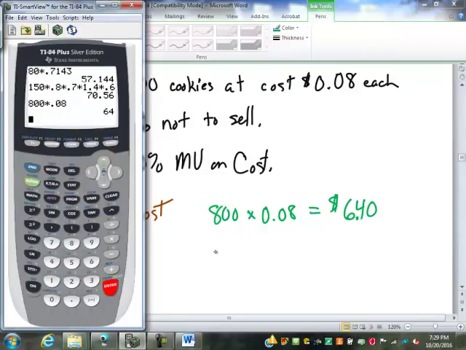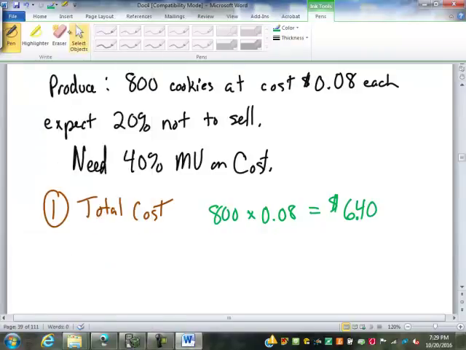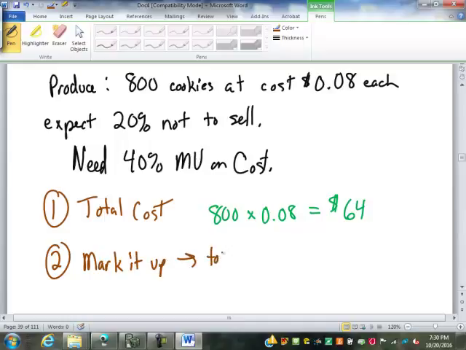Okay. It is $64. So the total cost is $64. What's step 2? Mark it up. In other words, find total selling price.